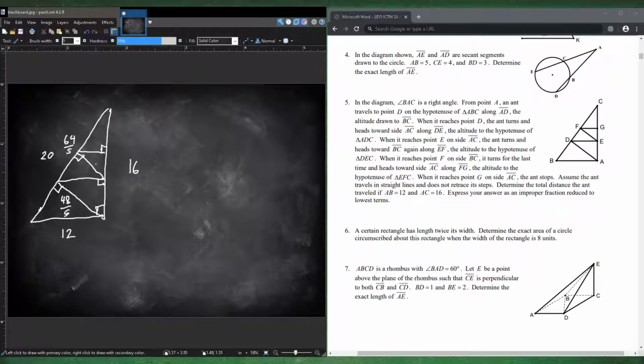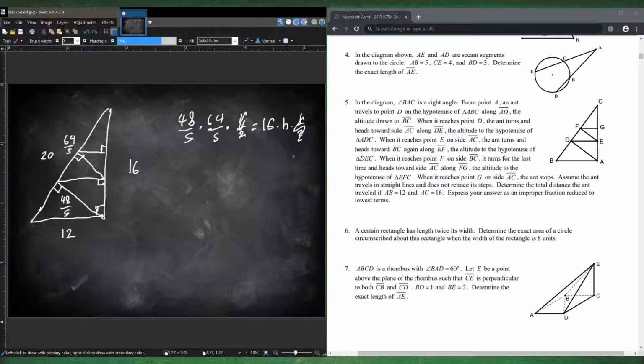So now we could do the same thing again. Base times height divided by 2, or you could just multiply by 1/2, is equal to altitude, which is this altitude. So this is our h. So 16 times h times 1/2. Both have the 1/2, so we don't have to really put 1/2 in our calculations.